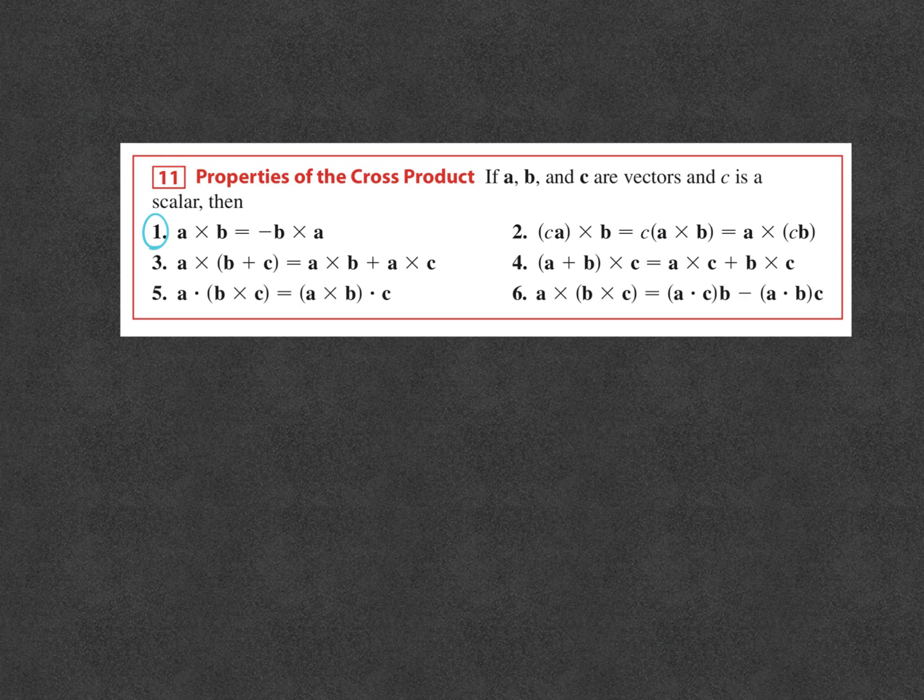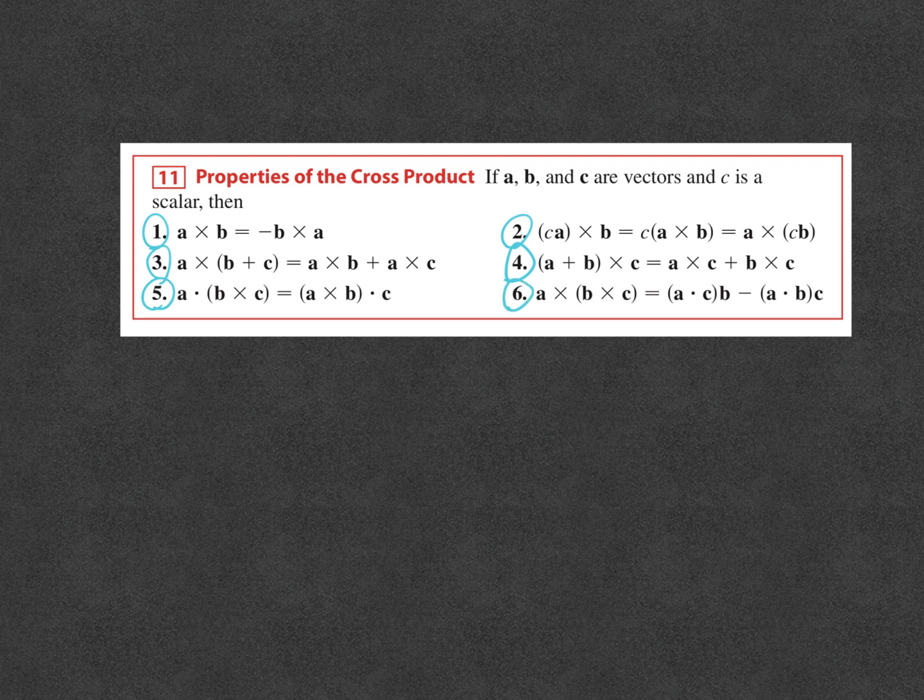Number 2, we have a scalar multiplied by one of the pieces of the cross product. Number 3, it kind of looks like the distributive property, in a weird way. Number 4, more of the distributive property with cross products. Number 5, you have the dot product with a cross product. And number 6, you have a couple of cross products happening there.